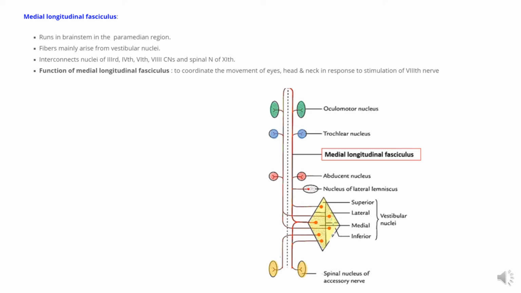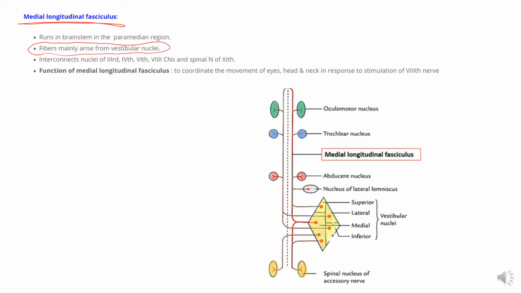So what is the medial longitudinal fasciculus? It runs in the brainstem in the paramedian region. You know, it is running from the medulla, pons and then in the midbrain. Fibers arise mainly from the vestibular nuclei.